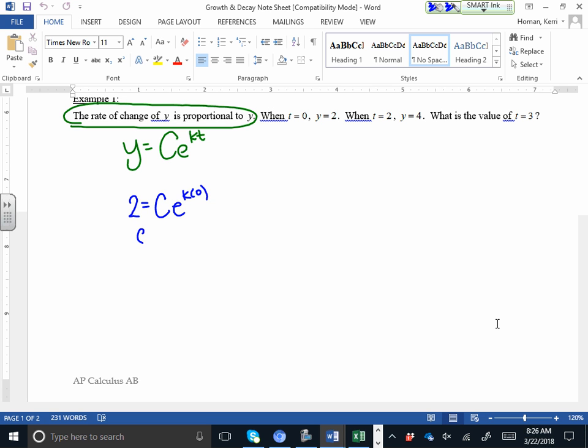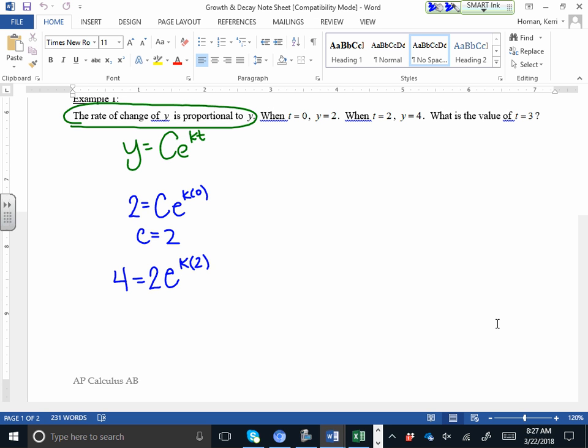That c is 2. You wouldn't even need to plug anything in. When t is 0, e to the 0 goes away and you're left with c. So c is 2. Now, when t is 2, y is 4.